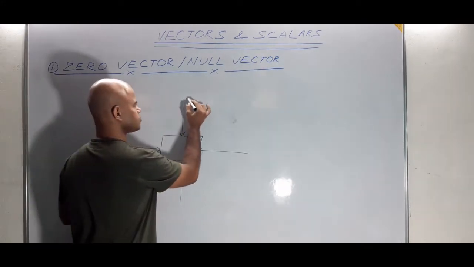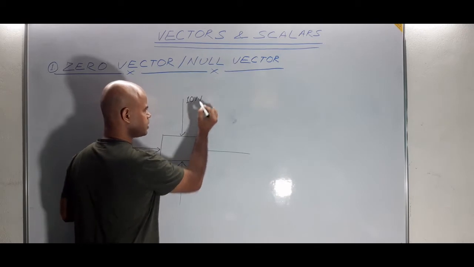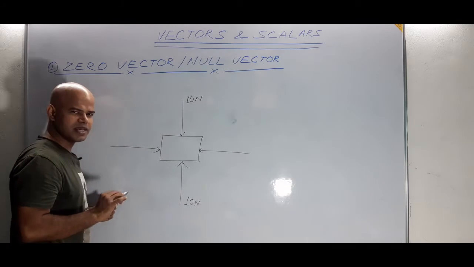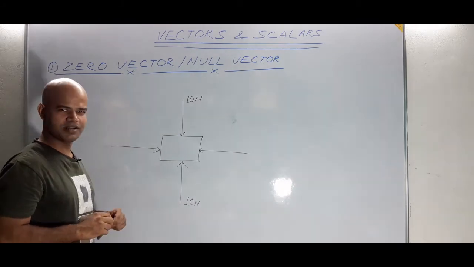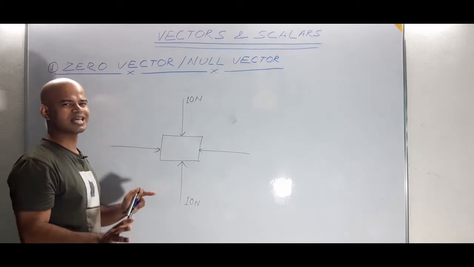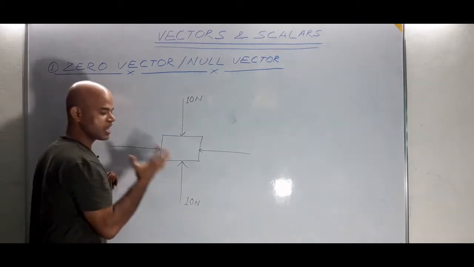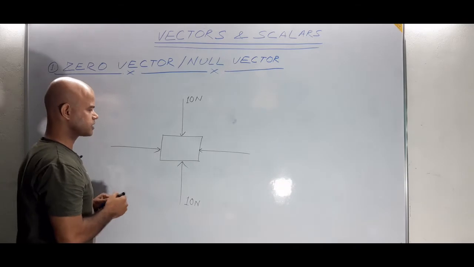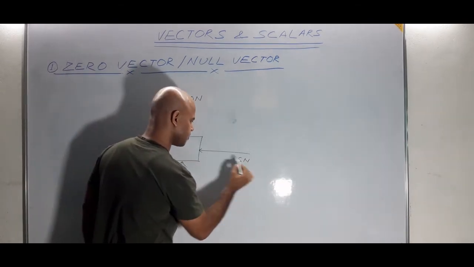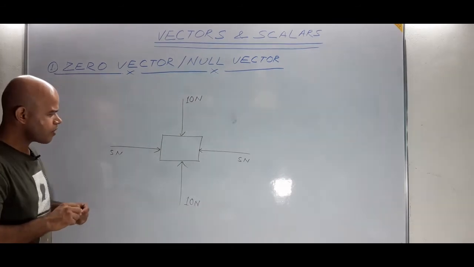Let's say from top the force is 10 Newton, from bottom 10 Newton. You are familiar with force from your previous classes, right? So here you don't have to use some very complex concepts. I'm simply using 10 Newtons, 10 Newtons. Force is represented in Newtons. This is 5 Newton, this is 5 Newton, right? This is a block. So the block is at rest.